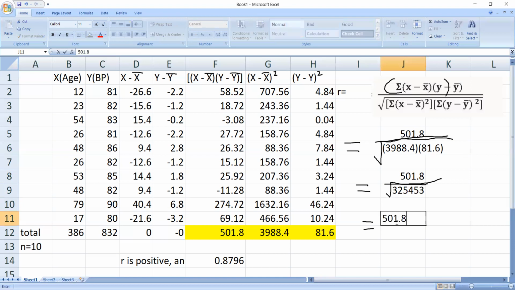This will be divided by the root of 325453570.484, which is the same as 0.8796.